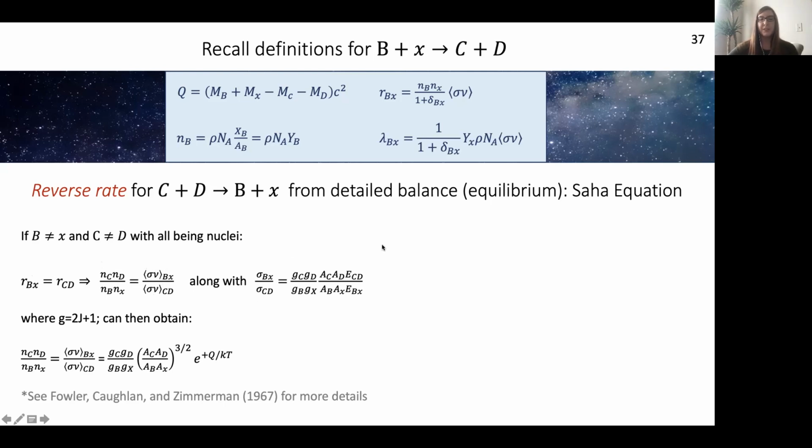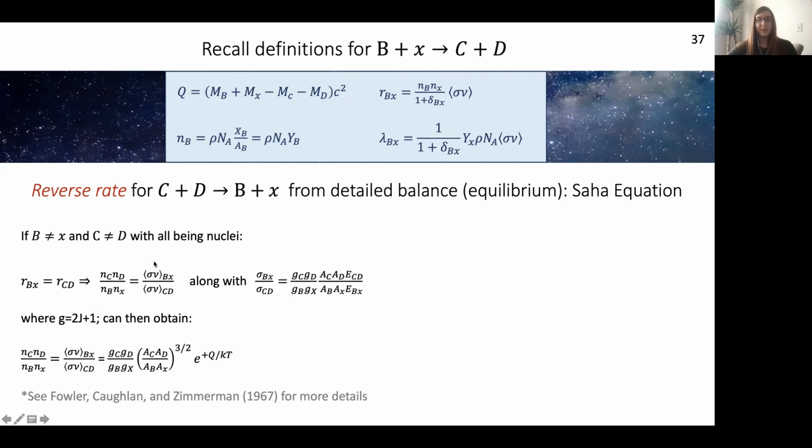And then there's this particular relation, which if you want to see the derivation, I encourage you to look at this paper. They have references to all of the original works which derive all of these considerations, but there's an explicit connection between the cross sections of these two interactions.